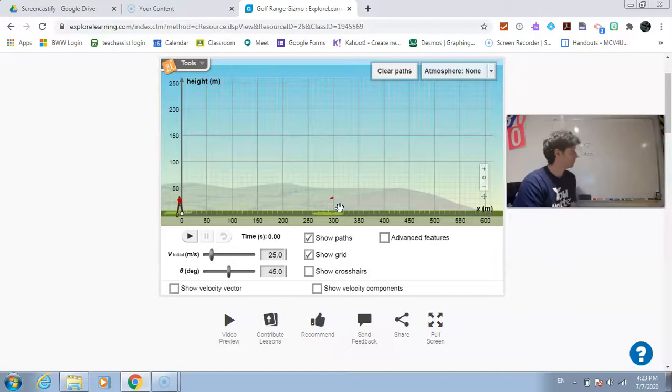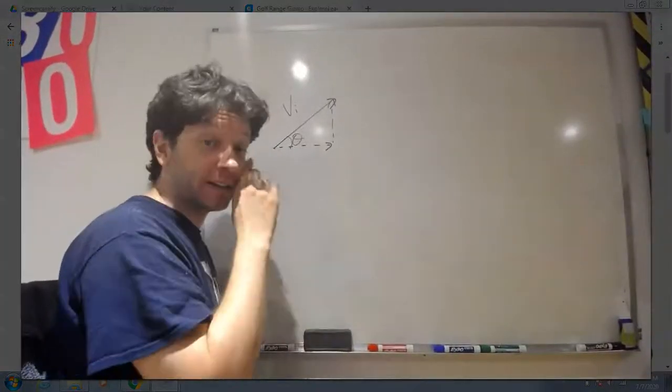All right. So here's how we're going to do this. Here's our initial velocity. Okay, we don't know what that is. Here's our angle theta. Let's assume we don't know what that is. Now, usually the first step when we're solving a projectile question is to actually, let me make this bigger, find the components.